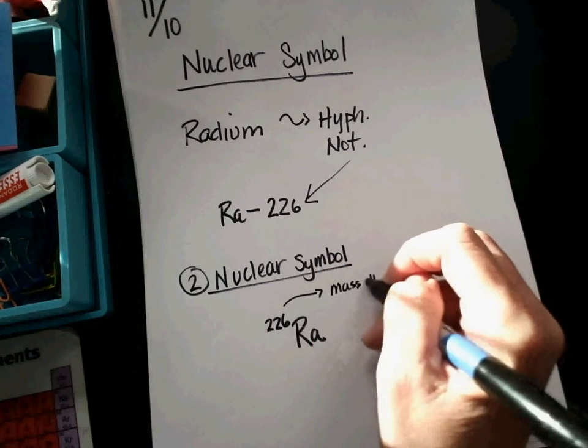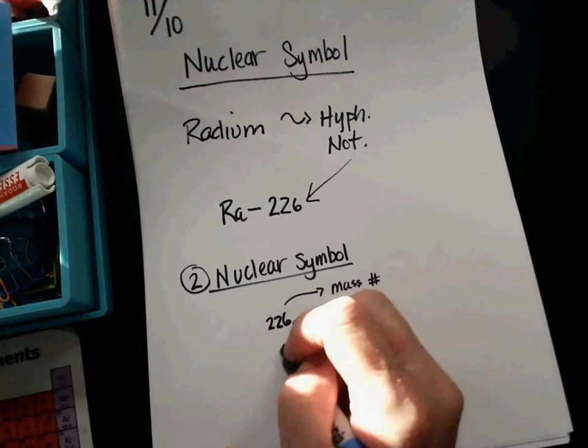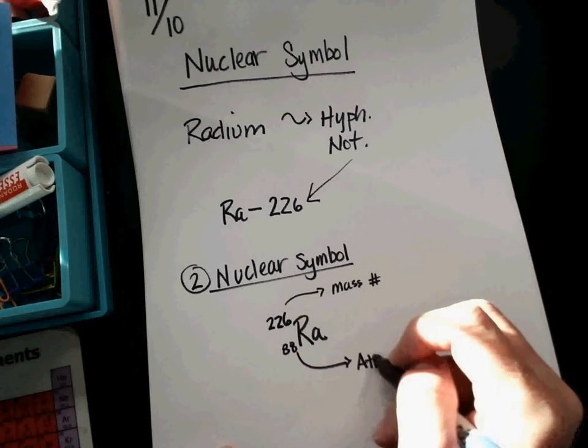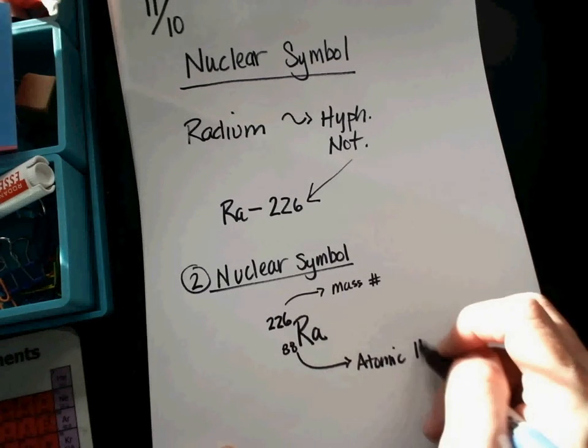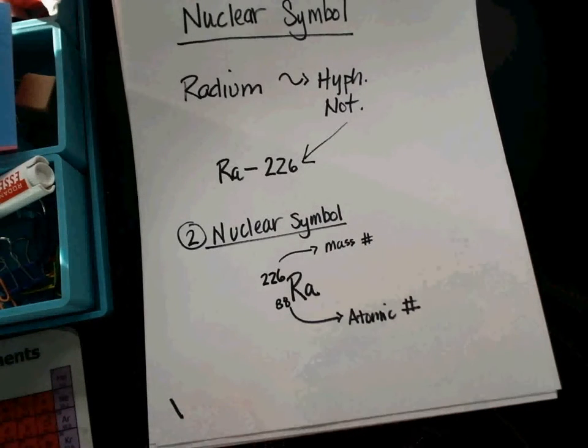And at the bottom, like a subscript, I write atomic number. Then you have all the information you need to be able to do some calculations or figure some things out if you're given nuclear symbol.